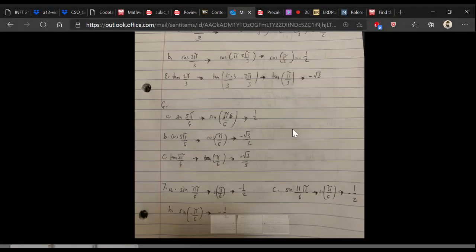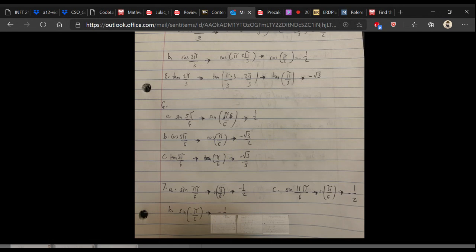But 5 pi over 6 is in the second quadrant, and cosine value is negative. So we would get negative cosine pi over 6. Make sense? Then your answer is right, negative square root 3 over 2.